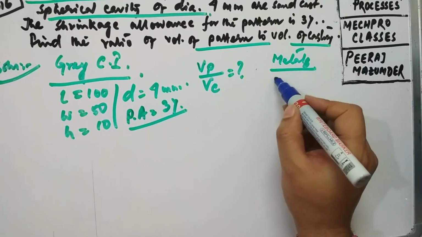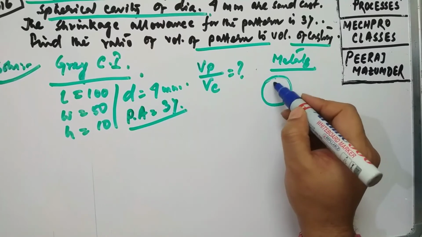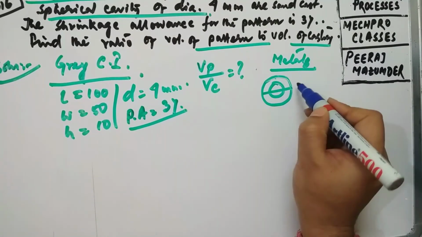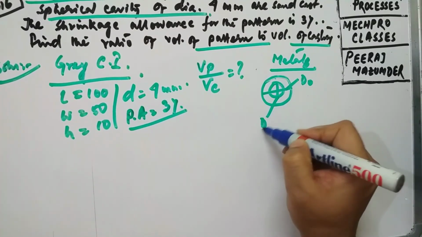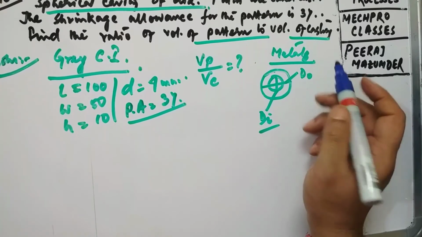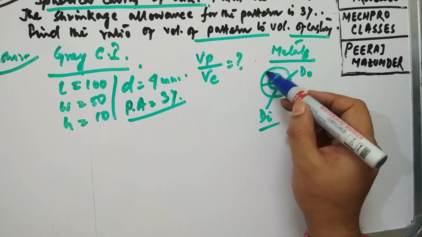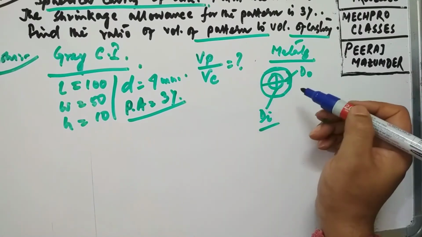Say we have a hollow casting. Say this one is the outer dia and this one is the inner dia. After solidification the dimension is reduced, that is, it will shrink.